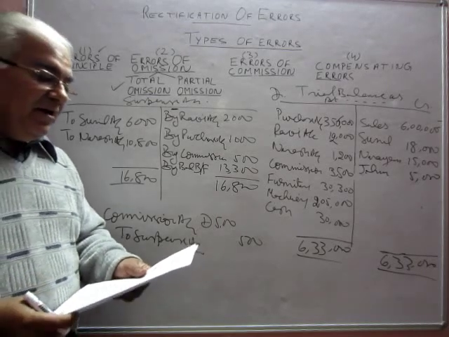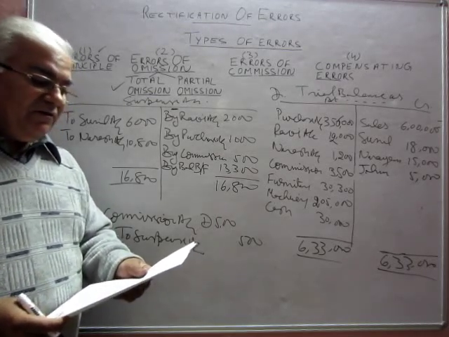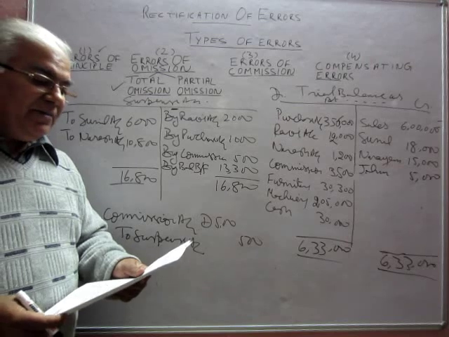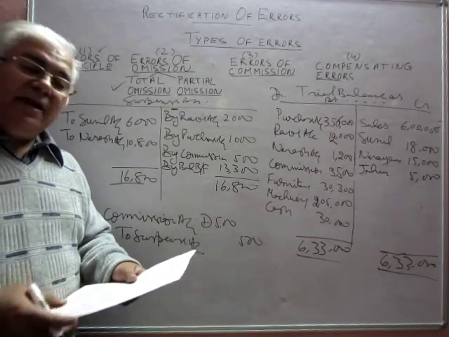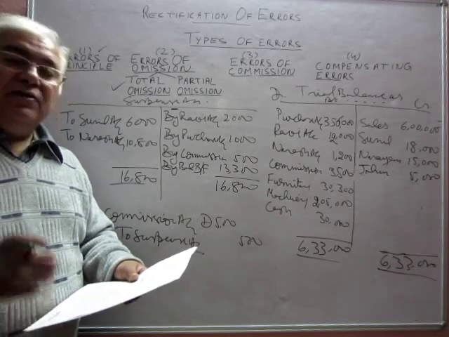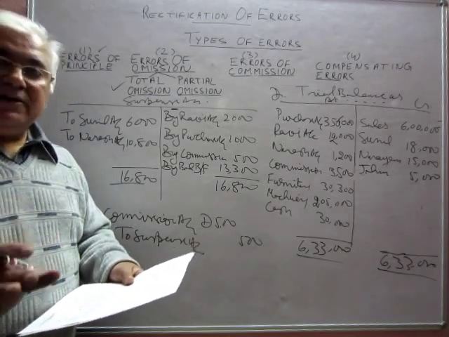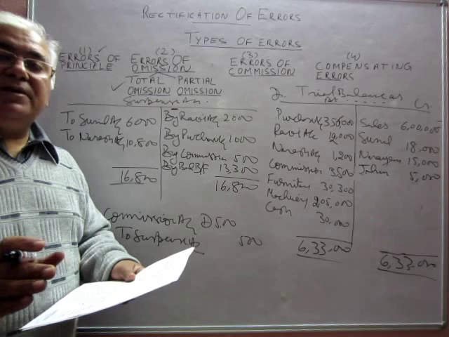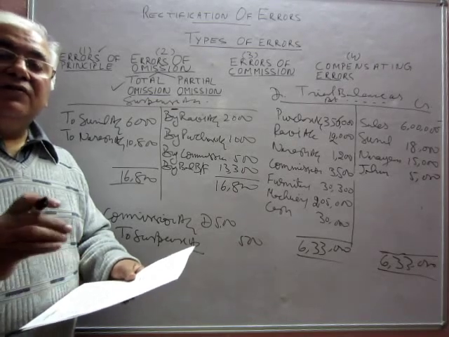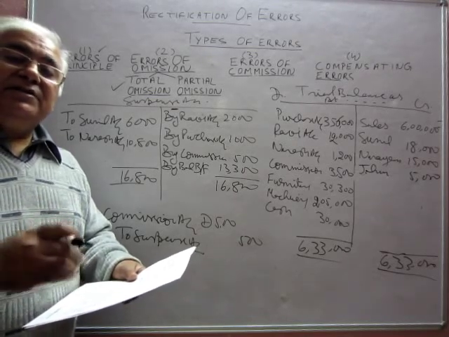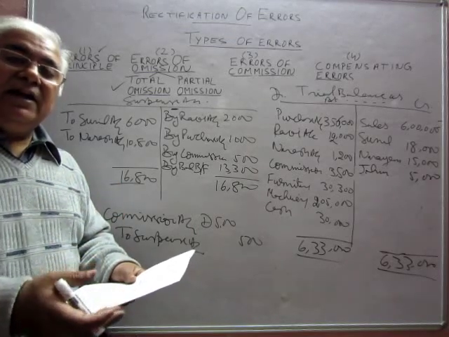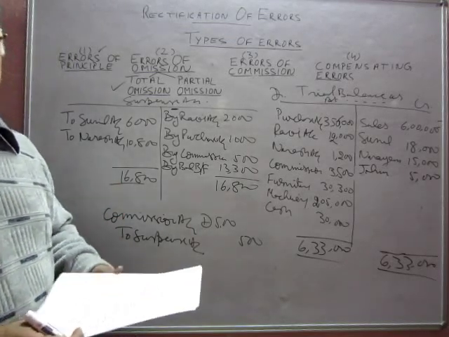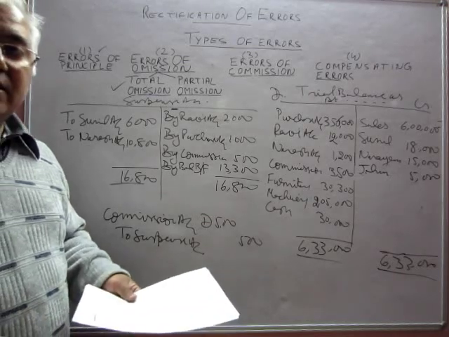For example, purchases of 5,000 from Narayan recorded in purchase book as 15,000. You know what has happened because of this? Though we bought goods for only 5,000, they were recorded in purchase book as 15,000. With this, our purchase account has been debited more by 10,000 and Narayan has been credited more by 10,000. Now how to rectify it?